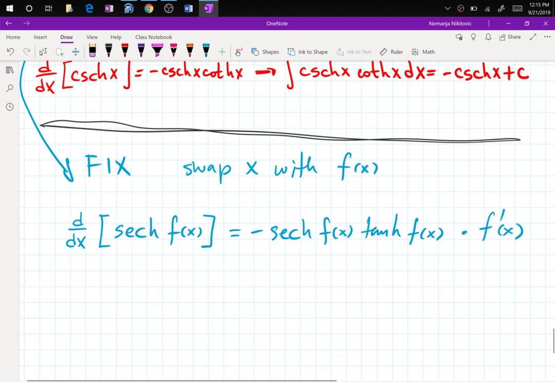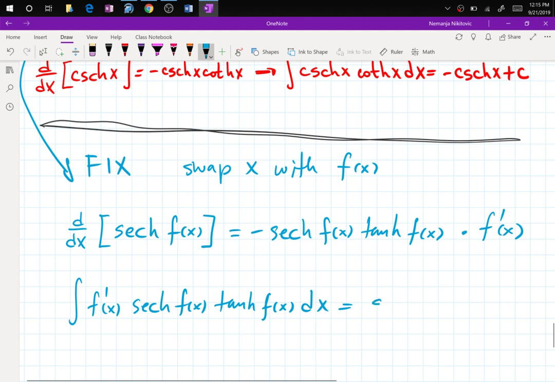The integral formula must have f prime of x and then secant hyperbolic f of x tangent hyperbolic f of x dx to give you the answer of secant hyperbolic of f of x plus c, which is the u sub, where u equals f of x.